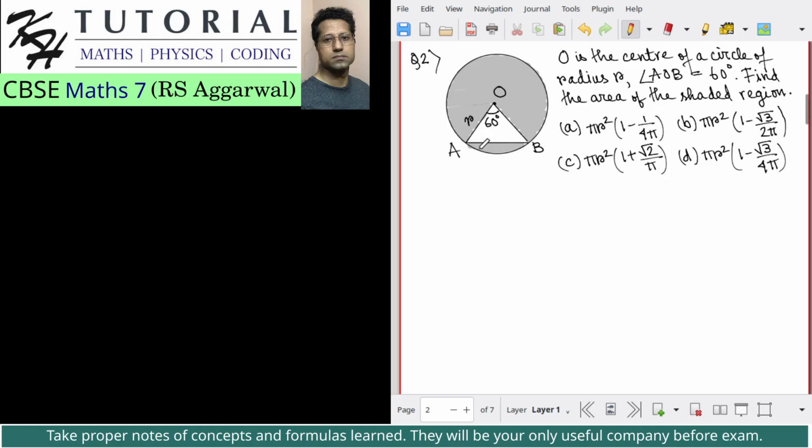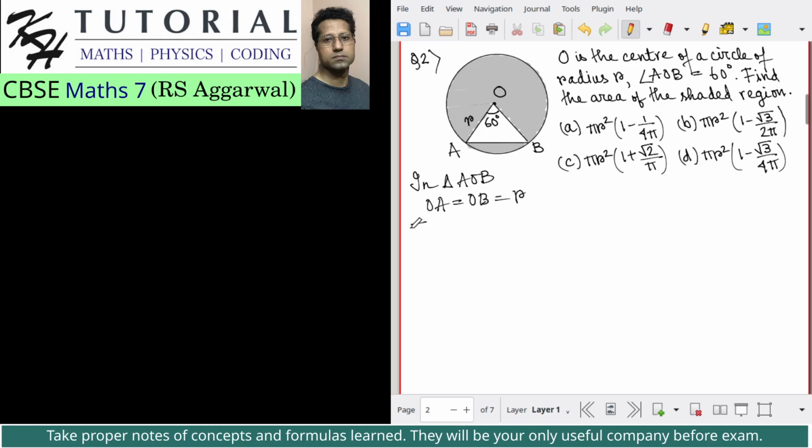Okay, so the concept is that in triangle AOB, we see that OA is equal to OB, which is equal to r. OA and OB are radii of the circle, because A and B are two points on the circumference of the circle. So the length of OA and length of OB are both equal to the radius of the circle.